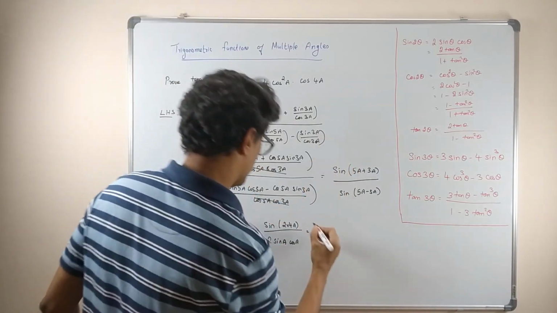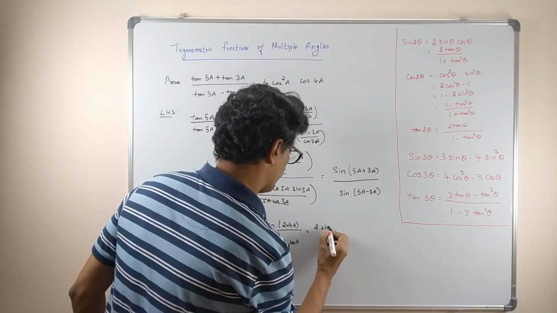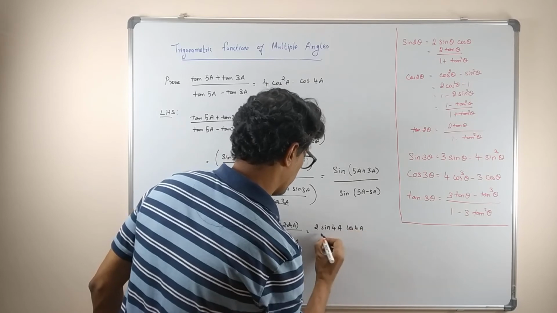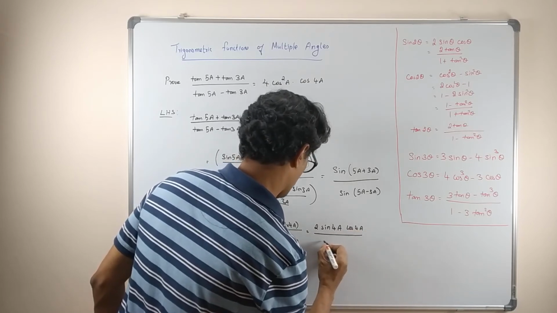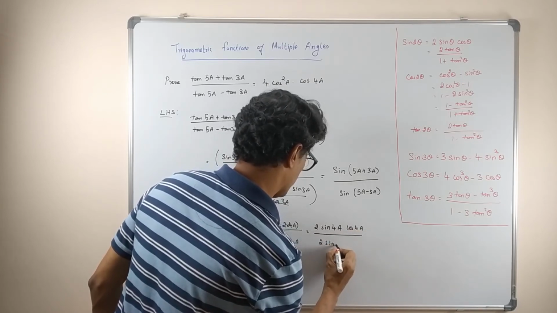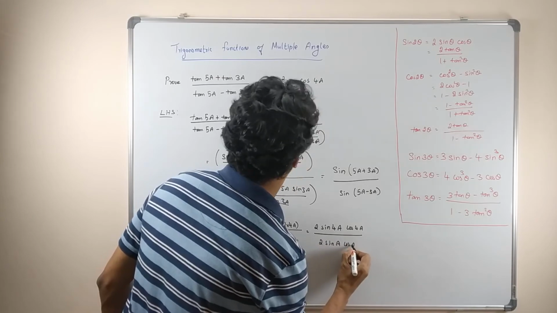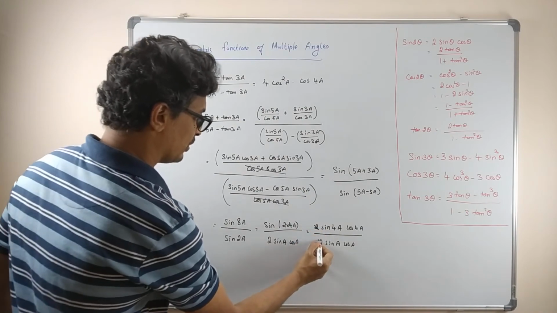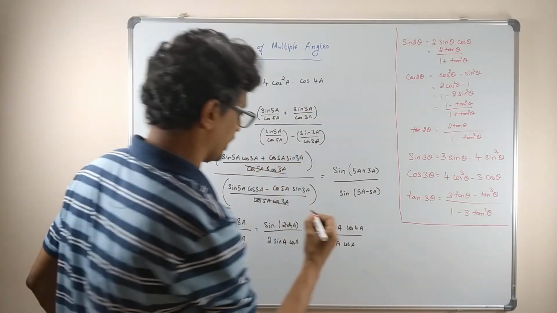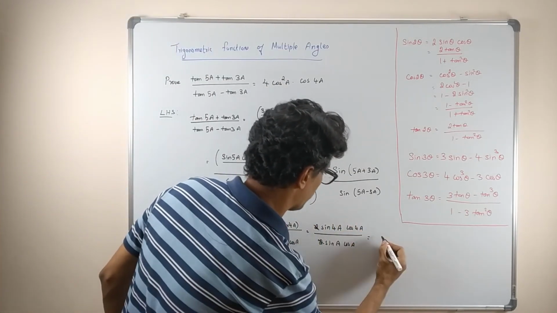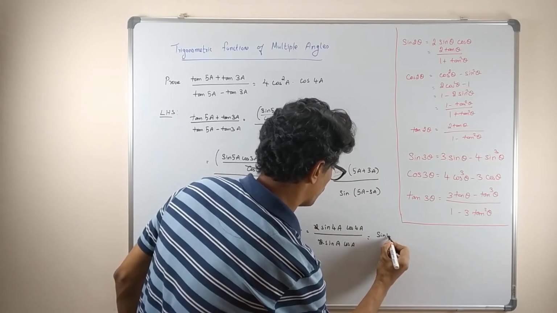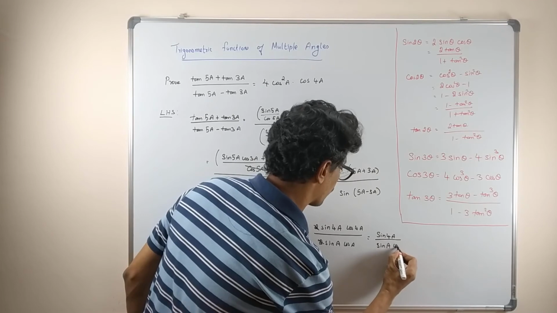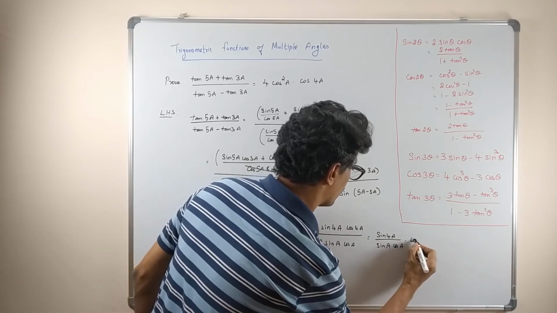Again the same thing, right? 2 times sine 4a cos 4a divided by 2 times sine a cos a. Okay, we got cos 4a already. Got it? So once you get any term, we keep it aside. So what we are having is sine 4a divided by sine a cos a, into cos 4a.